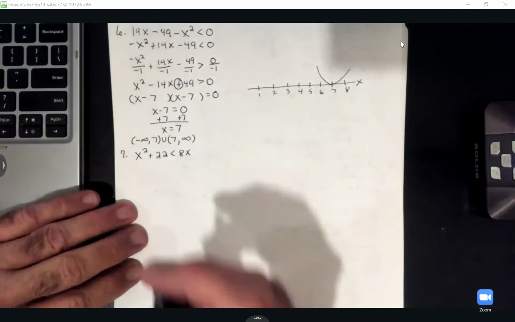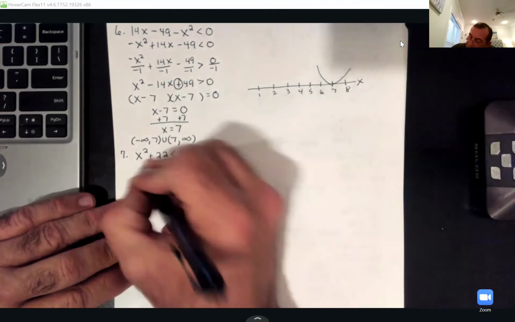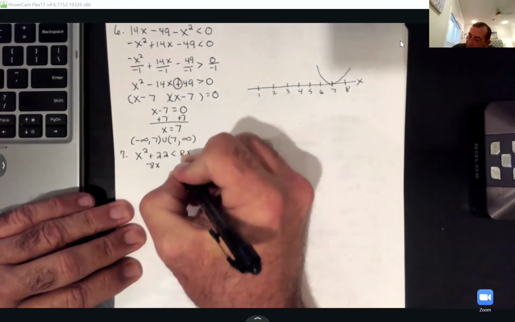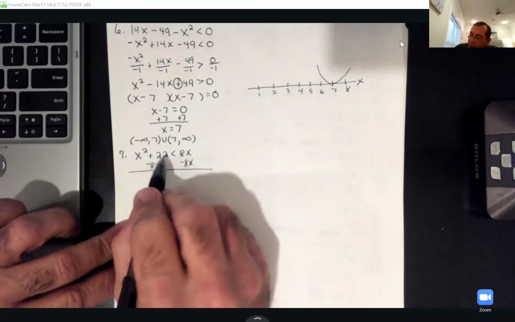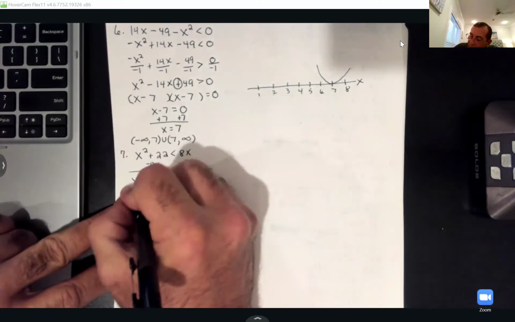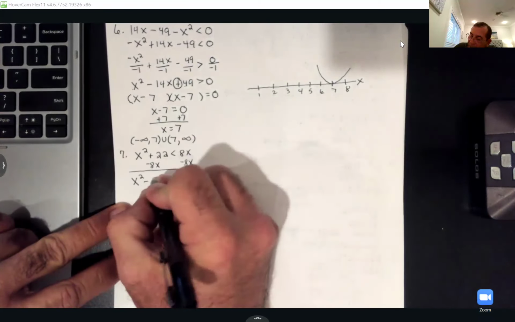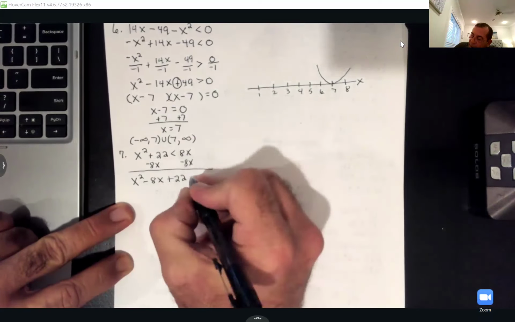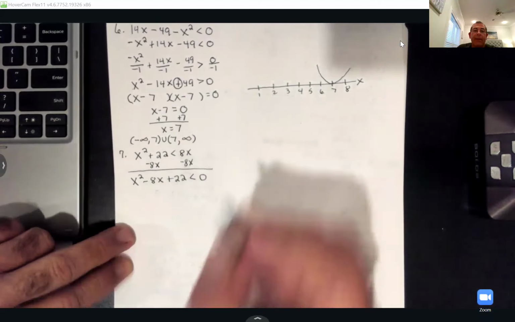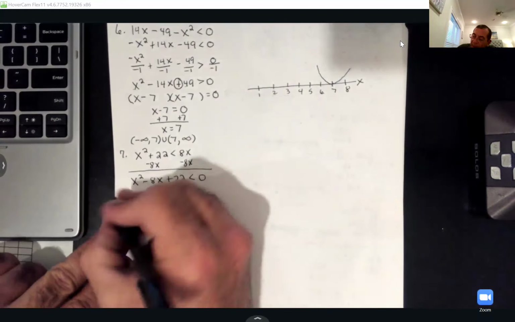Move 8x to the left. So that'd be what, subtract it. There you go. All right, so I'm going to put them in order here. So my x squared, then that negative 8x, and then that 22. So technically all of them got to be less than 0 now.